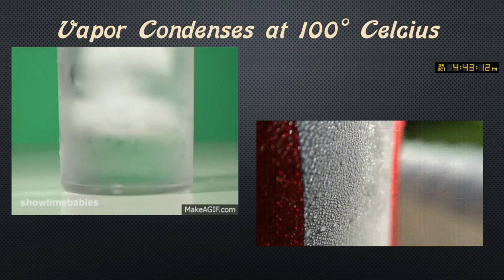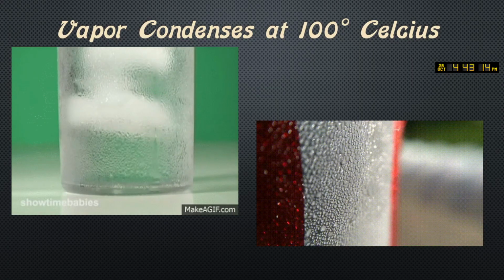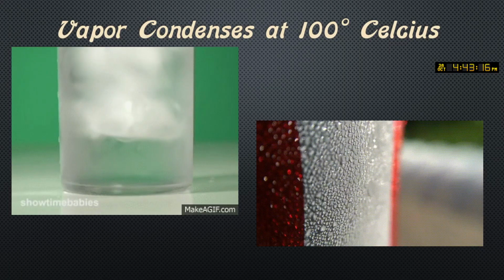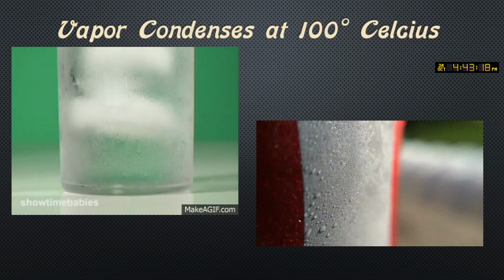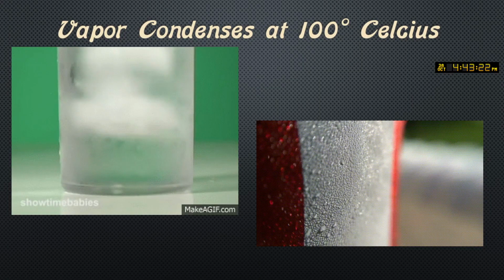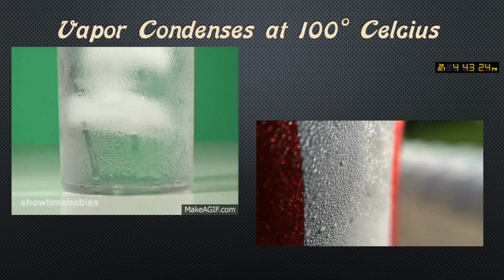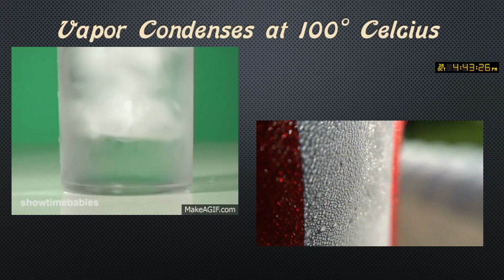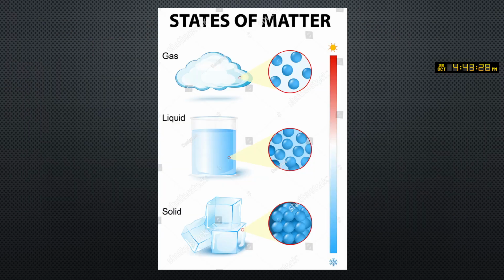That water is not coming from inside of the container, it's coming from the water vapor in the air, because that gaseous water touches something below 100 degrees and it changes from a gas back to a liquid. So these are the three different states of matter.